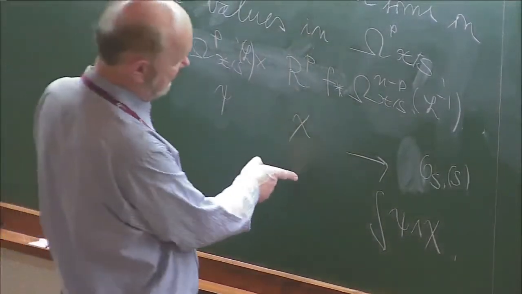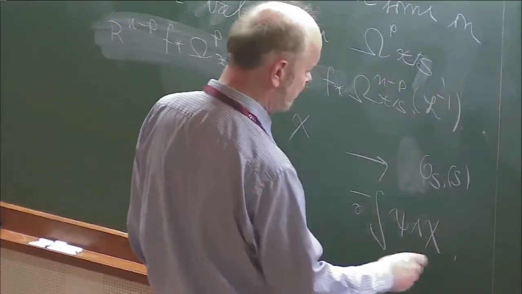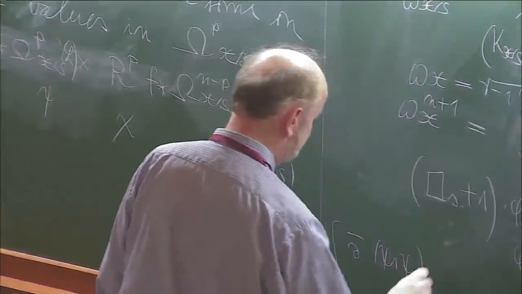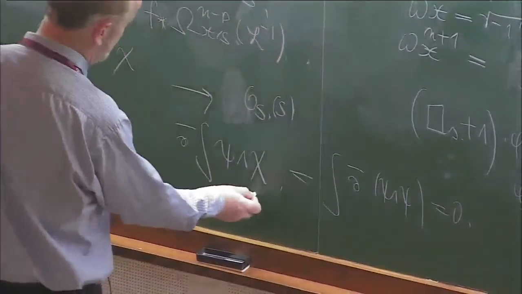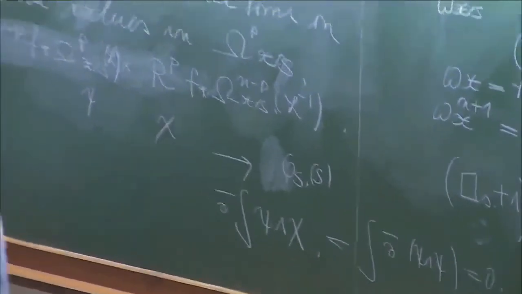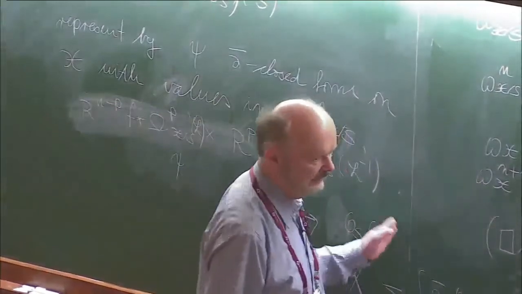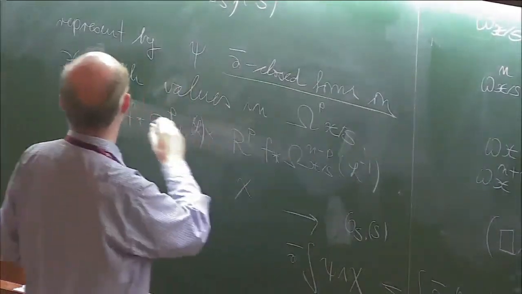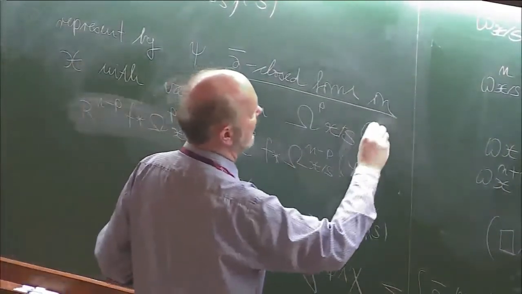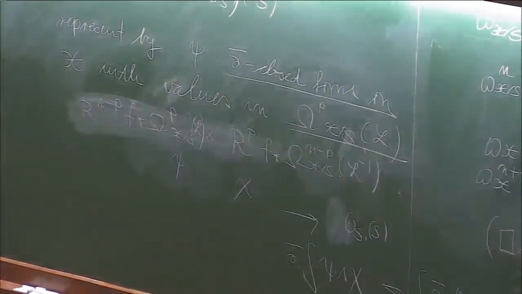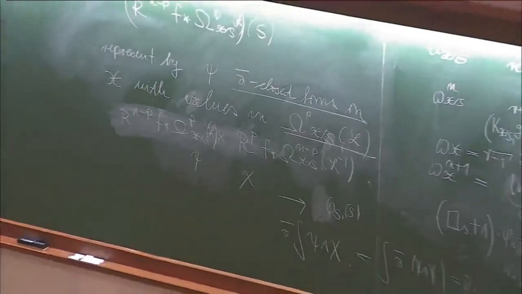And what we know is that d bar of this one is the integral of d bar of psi wedge chi. And this is 0. So from d bar closed forms here, we really get a holomorphic form. So this tells us that this is the correct approach. Use d bar closed forms with values in omega X over S and say twisted by L, where L could be the canonical bundle or anything. So this is some remark about this, and the rest of course is very technical.